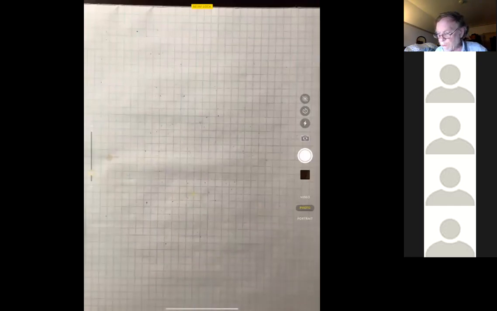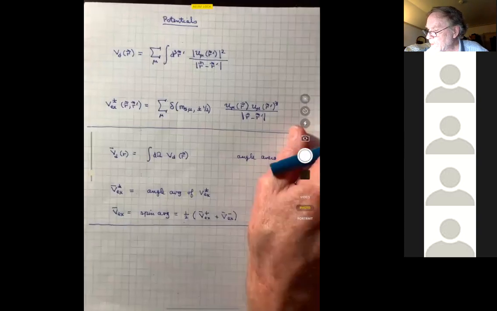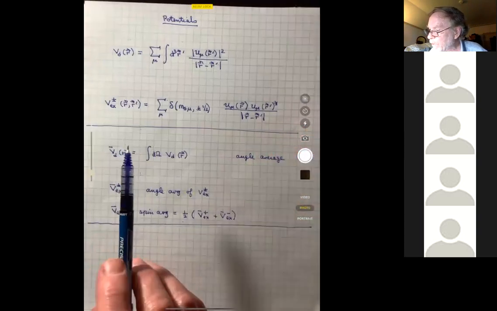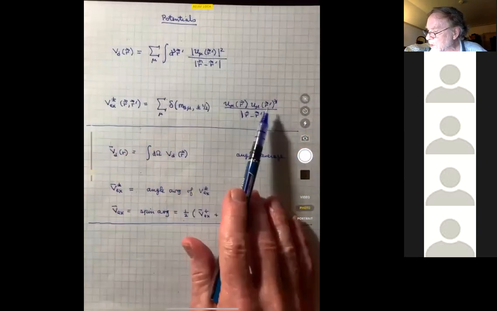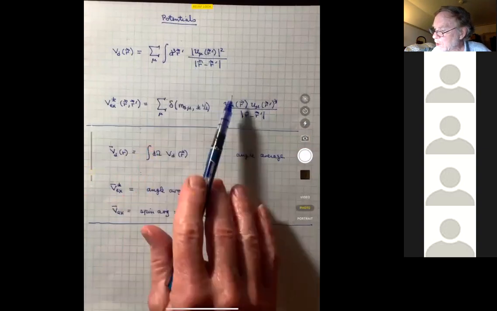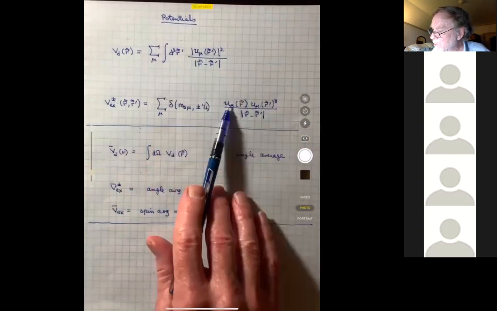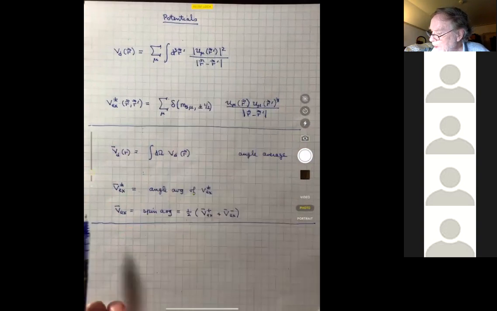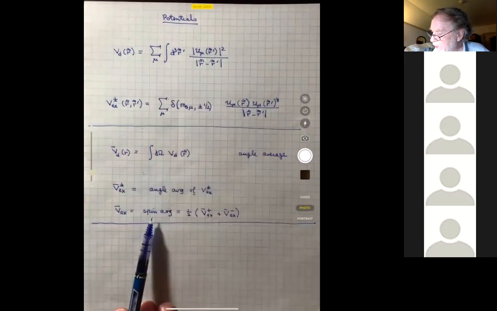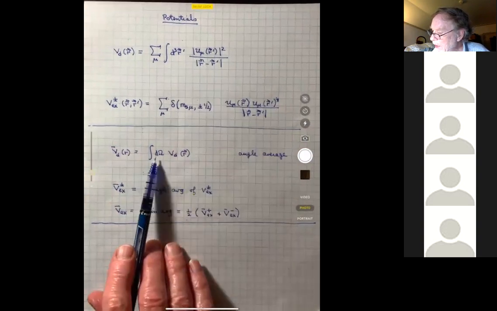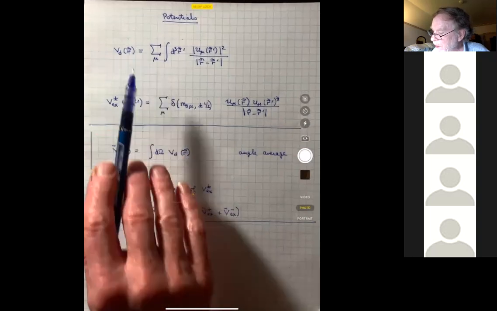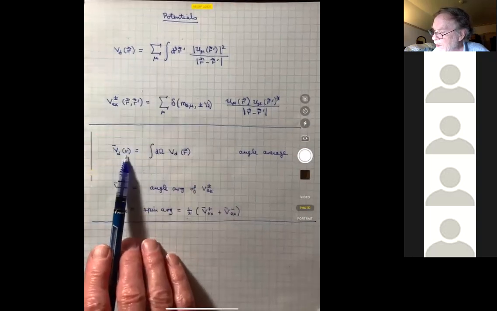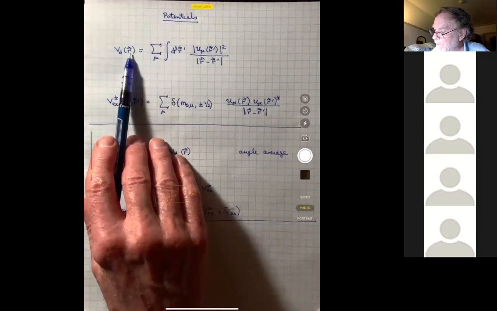I have a page here summarizing the potentials. Maybe I shouldn't spend any time on this because I've been over it before, but these are the direct and exchange potentials. They're self-consistent, that is to say they're expressed in terms of the orbitals u mu here. And then the averaging is described very roughly down here. Basically, we average over angles for the direct potential to make the direct potential a function of radius only and not of the direction of the R vector.